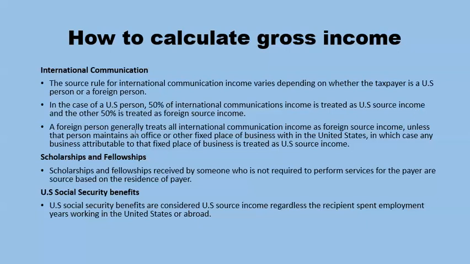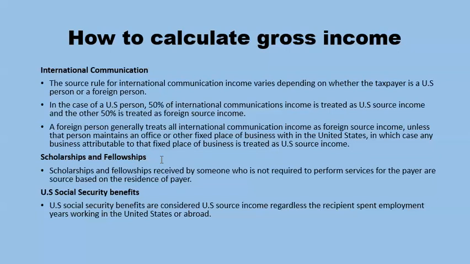A foreign person generally treats all international communication income as foreign source income unless that person maintains an office or other fixed place of business within the United States, in which case any business attributable to that fixed place of business is treated as U.S. source income.